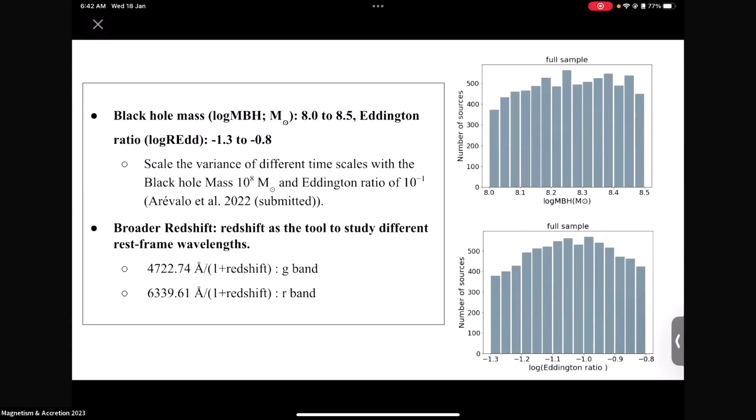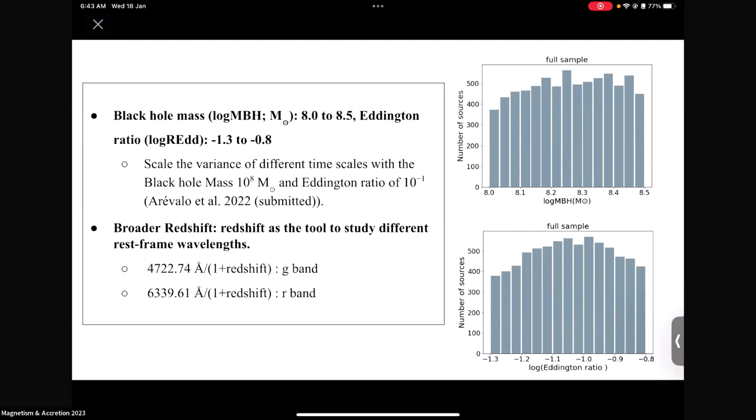So in order to make the sample homogeneous, we scale the variance to a black hole mass of 10^8 solar mass and Eddington ratio of 10^-1 using the table from Arévalo et al. 2022. And since we obtained the variance for 2 time scales, we did this scaling for both time scales.